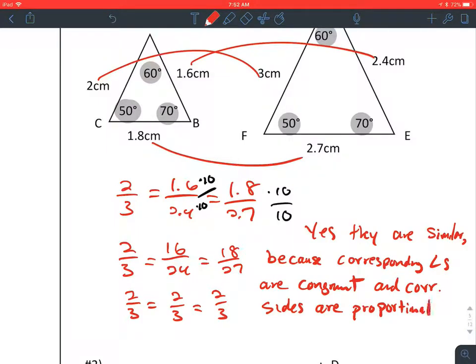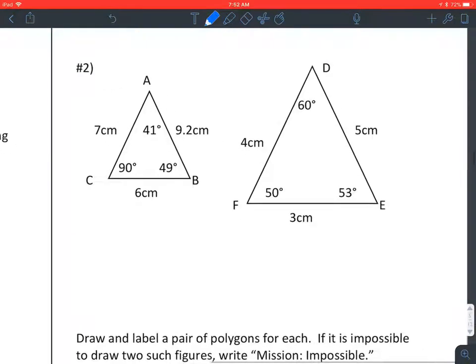You need to say both of those things. You must include the word corresponding.